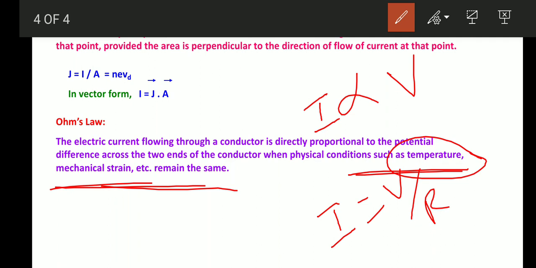Most probably temperature is the factor which affects Ohm's law. A diode is one example which does not obey Ohm's law, and a resistor is another example which obeys Ohm's law.